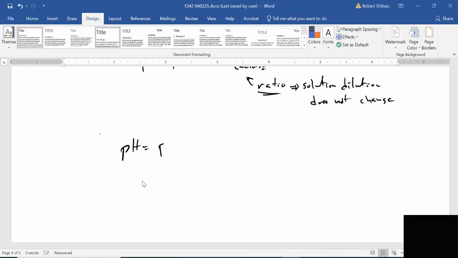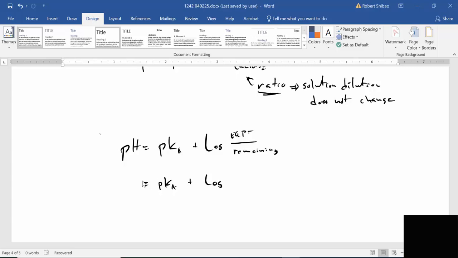We take the pH is equal to the pKa plus the log of the equivalence point over the remaining. What I mean by that is this equation comes out to the pKa plus the log of some kind of equivalence point.